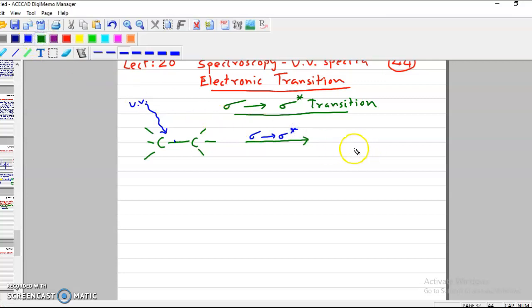Now one electron will transfer to the sigma star orbital. Let us see it with the diagram.